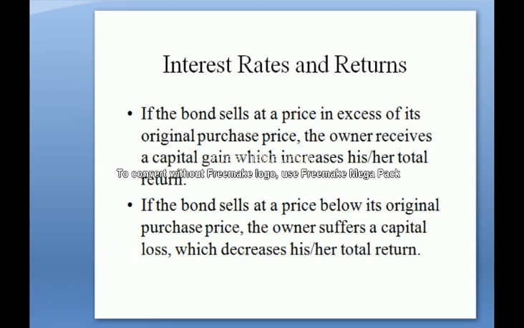So this 150 will increase. Look at it. If the bond sells at a price in excess of its original purchasing price, we purchased it at 900, but now we sold it at 950. So the owner received a capital gain, the $50 capital gain we received. And that $50 will increase the return.